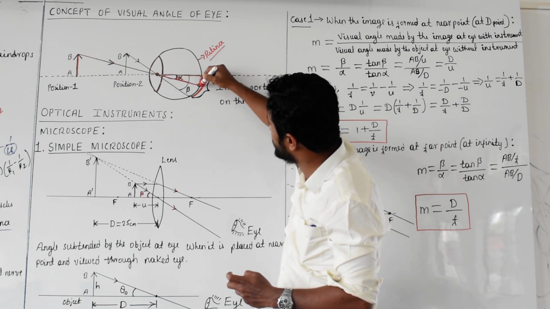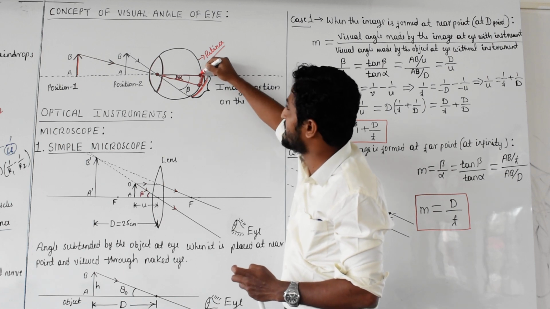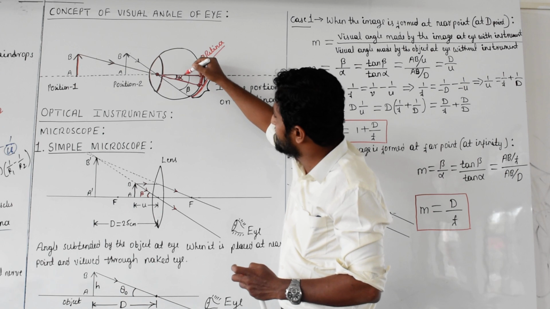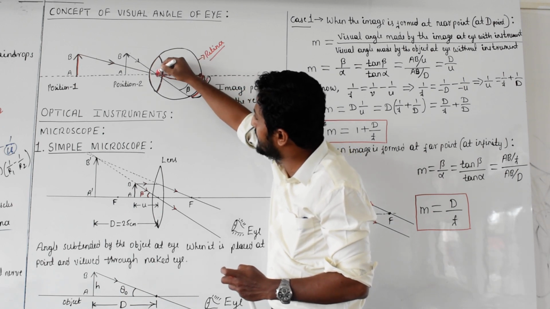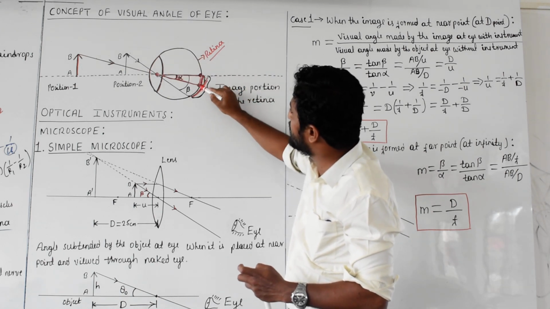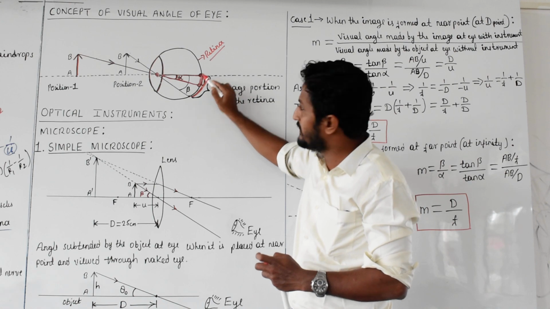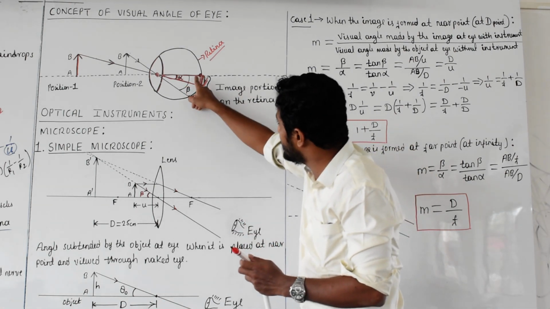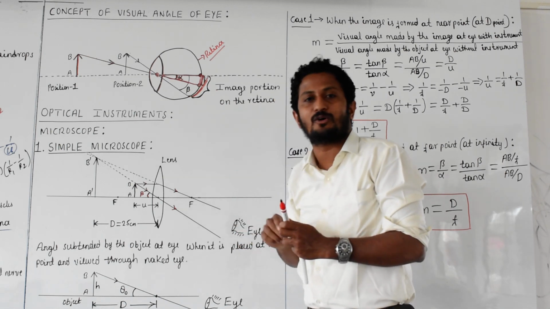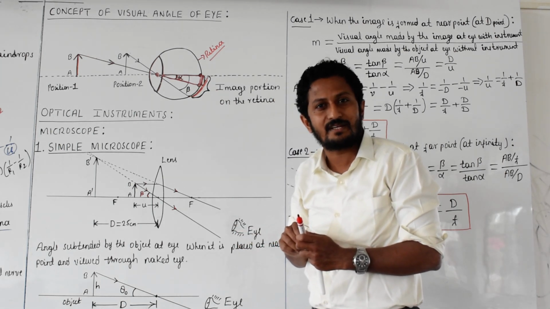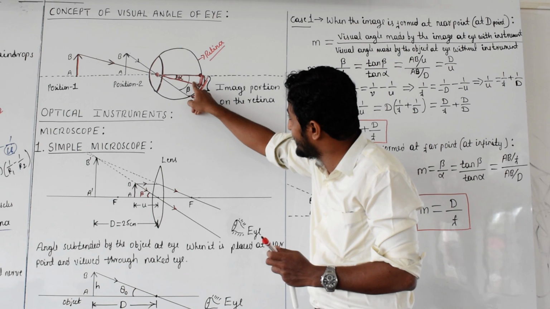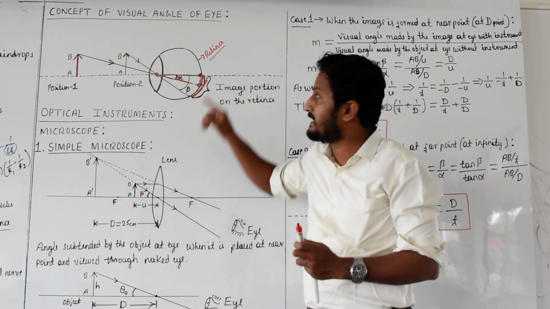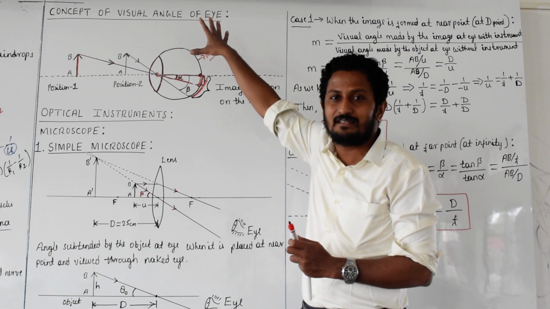This is the top portion, this is the bottom portion. Here there is an angle subtended at the eye lens by this image portion. This angle we call the visual angle. Within this angle we can see that object. Getting what I mean to say? With this angle we can see that object. That is called the visual angle.